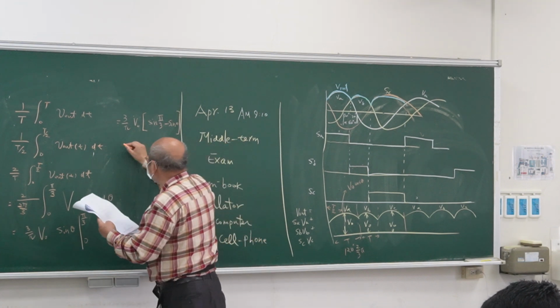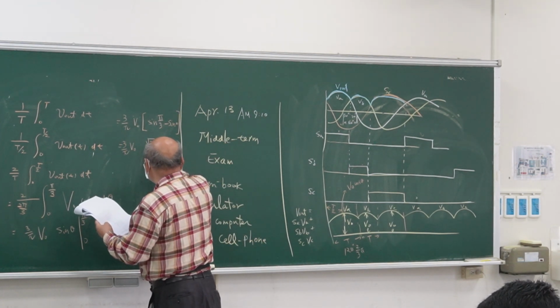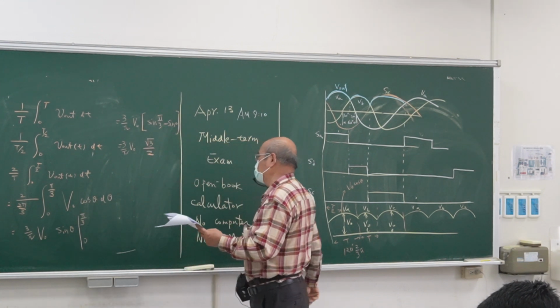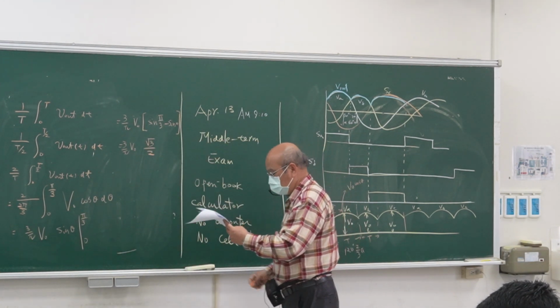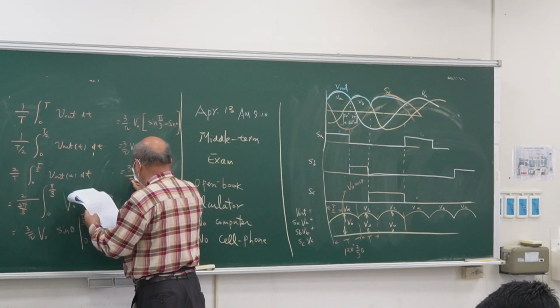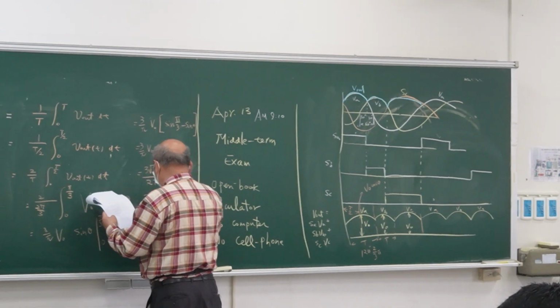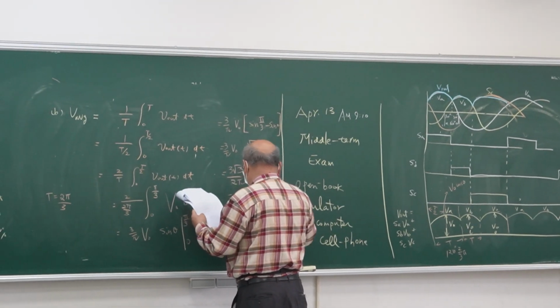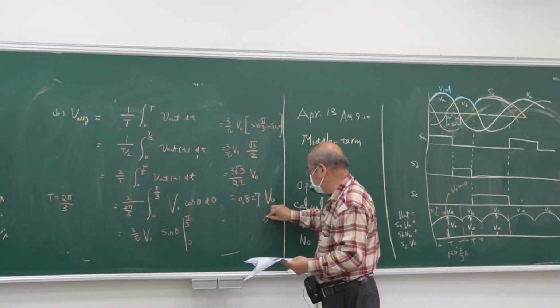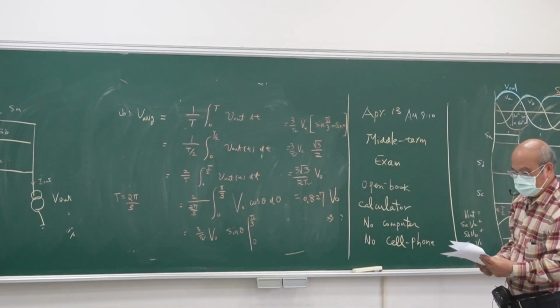Then we get 3 over pi, VO, times square root 3 divided by 2. Then we get 3 square root 3 divided by 2 pi, VO, which is 0.827 VO. Then we finish. So you can compute the average easily.